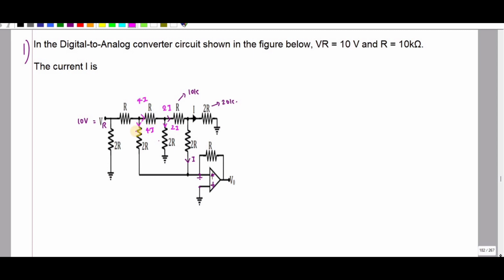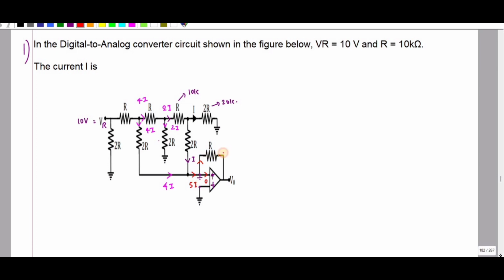So the current flowing through this one is 4I, so what is the current at this point? At this point it is nothing but 5I. So for the op amp, the incoming current is 0. So if this is 0, the outgoing current is the one that flows here.